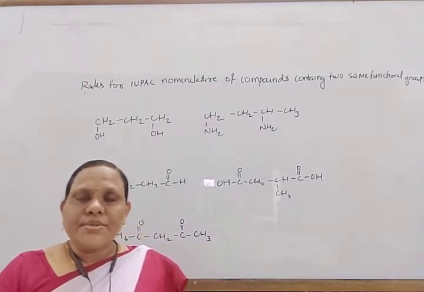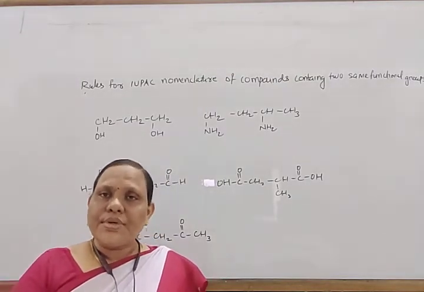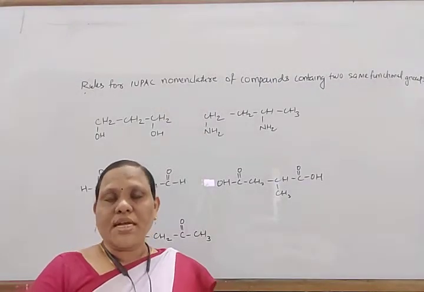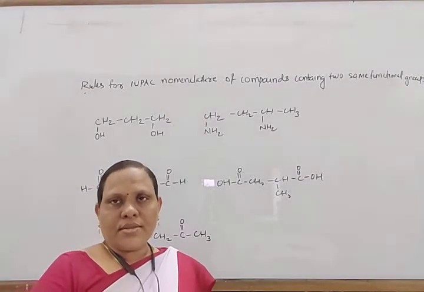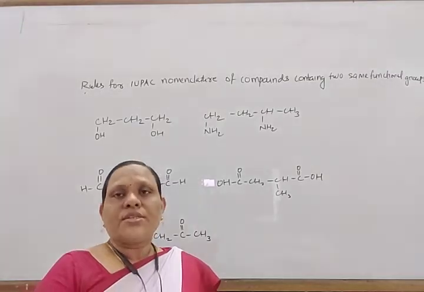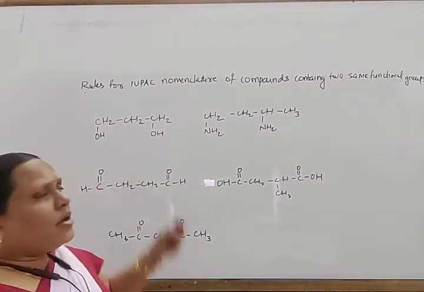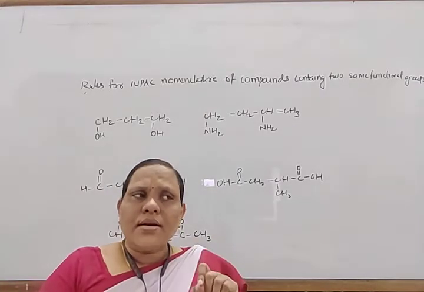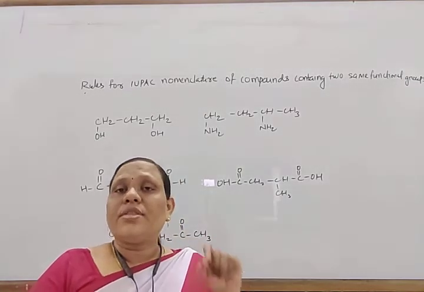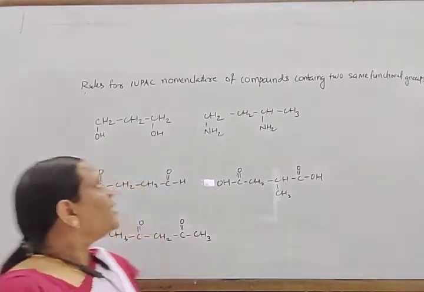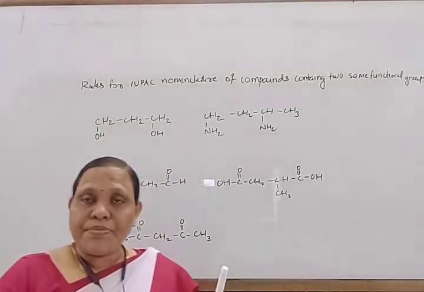So next come to an organic compound which contains the similar functional group more than one, that is 2 functional groups. So if it contains 2 functional groups, then you have to write the numerical prefix di before the secondary suffix.